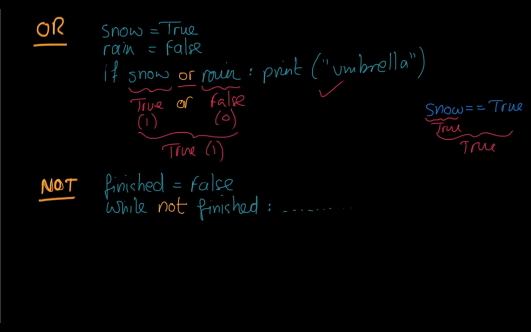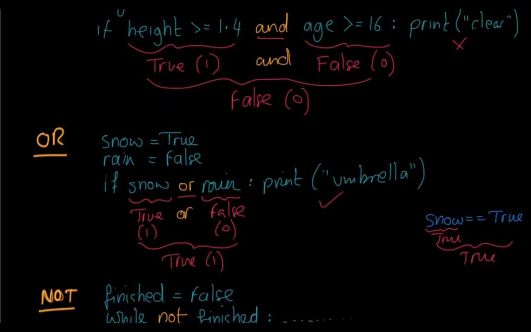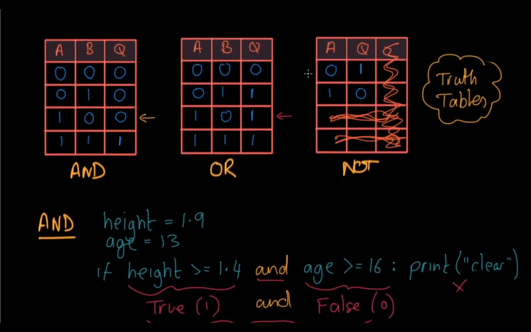Of course, the not operator can't evaluate this because it doesn't know what it is. So the first thing that happens is that Python, for instance, will ask what value finished has, and it has the value false. Now, false abstracts to 0. Now the not operator can do its job: not false, so that's not 0. Let's have a look at what not 0 looks like. Not 0 is this line here, which evaluates to 1.